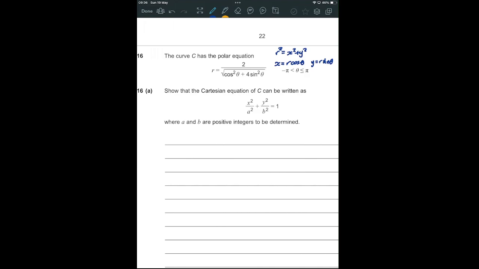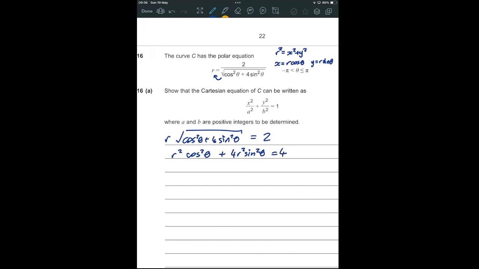So what's the best way to tackle this? Well, I don't have an r squared. I've got a lot of other things going on. So I'm actually thinking I'm going to multiply up. So I'm going to have r root cos squared plus 4 sine squared equals 2. I want the squares involved, so I'm going to square the whole equation. So I've got r squared cos squared plus 4 r squared sine squared equals 4.